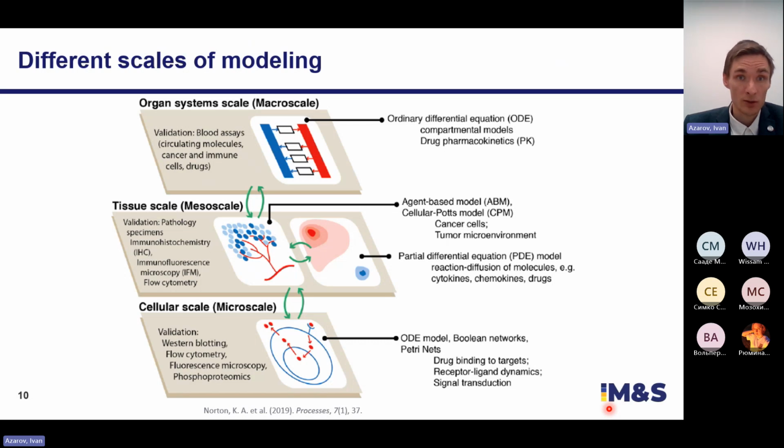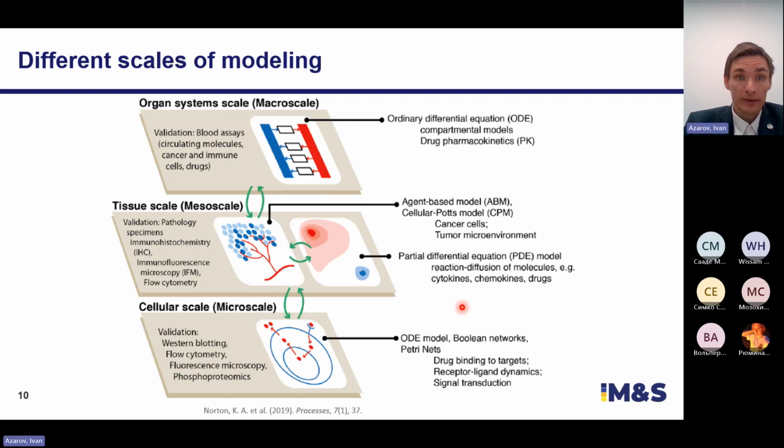We know different scales of modeling, cellular scale or micro scale, where we can use ODE or Boolean network approaches to describe intracellular processes, reactions, some cascade mechanisms. We also can view a cell and describe cell and between-cell processes on the mesoscale level using a very wide spectrum of approaches.